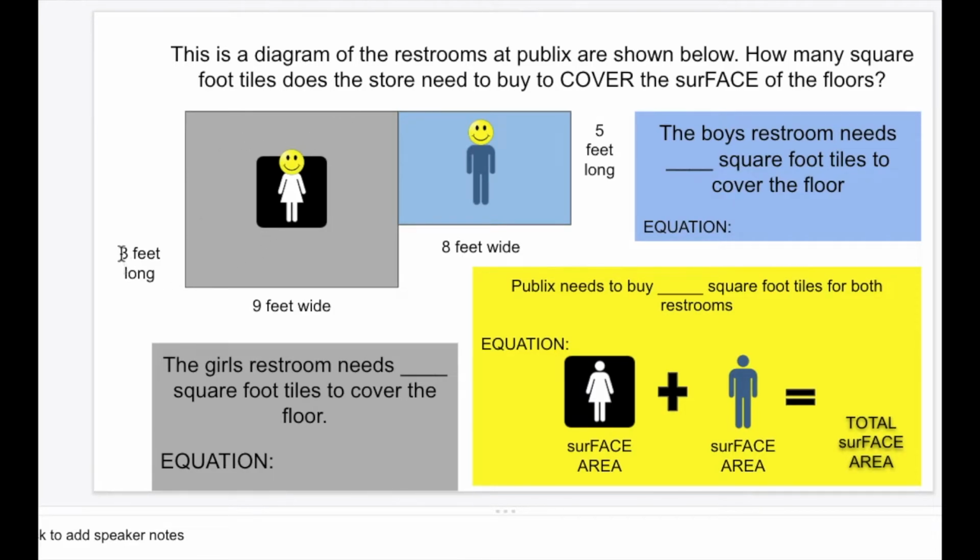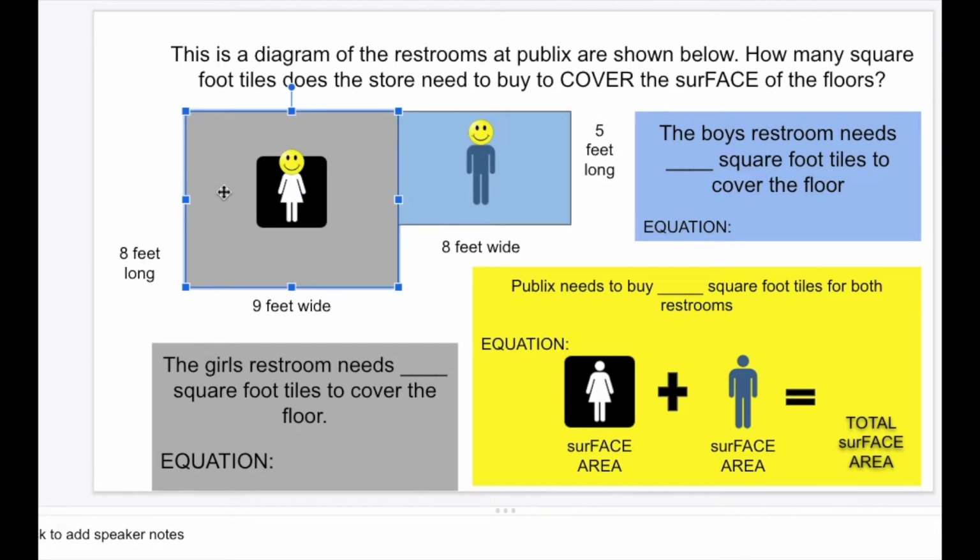They need to be able to see, well, if this side is 8 feet long, then I could fit 8 square foot tiles on this side, and since this side is 9 feet long, I could fit 9 square foot tiles in each row. So there would be 8 rows of 9.